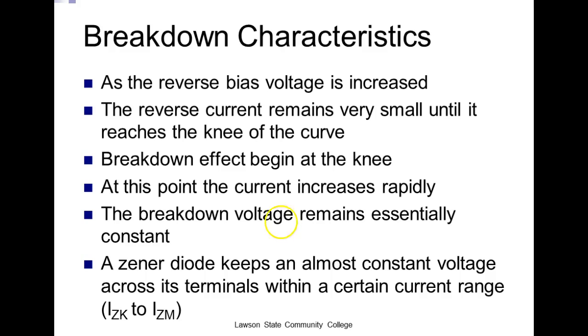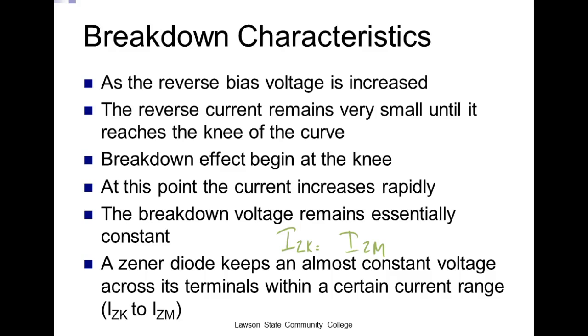So what would you think IZK would stand for? The current flowing through the Zener at the knee. And what would you think IZM would stand for? Well, sort of max. That's the maximum current. These guys are dropping a voltage and we're pushing current through them.